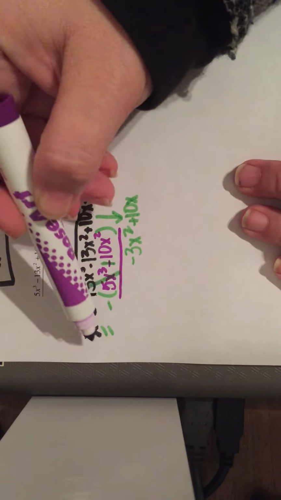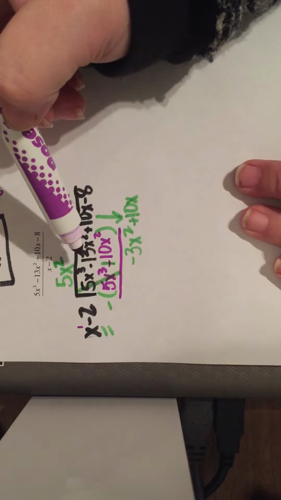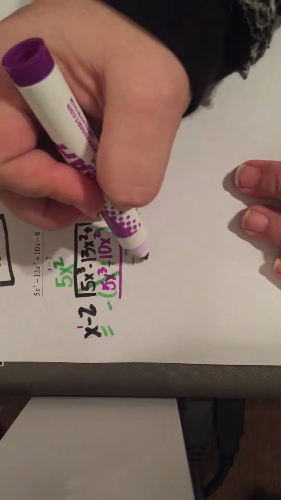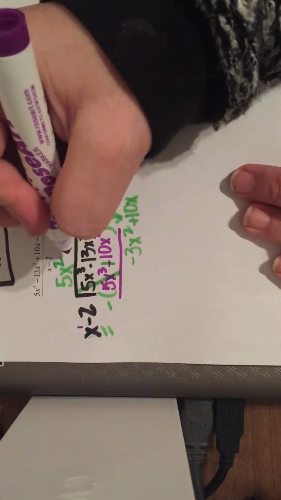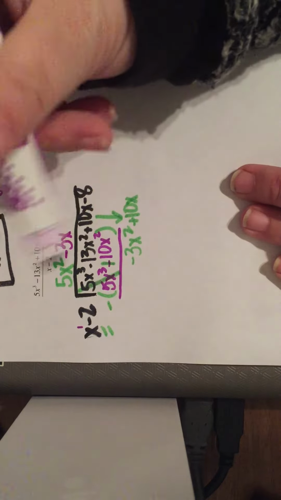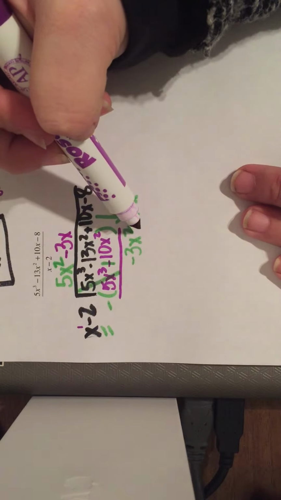What do I need to do to that x to the 1 in order to turn it into negative 3x squared? Well, first of all, I know I got to have that coefficient. I got to have that negative 3. So I know I'm going to have me a negative 3 and an x. Okay, this is x1, but this is x2.